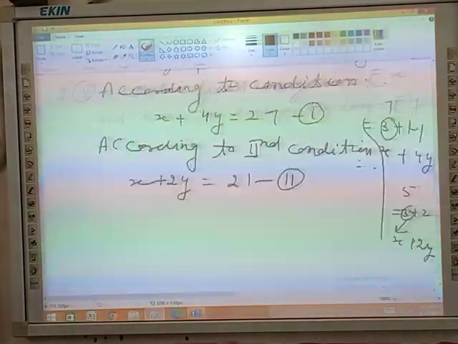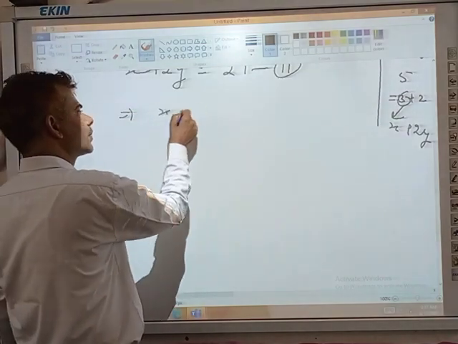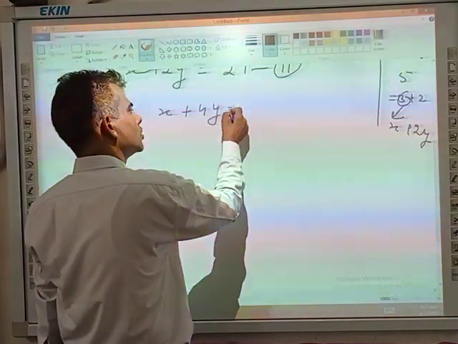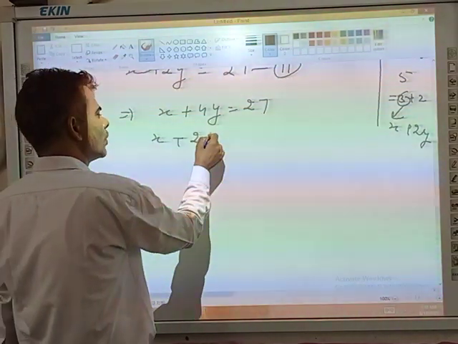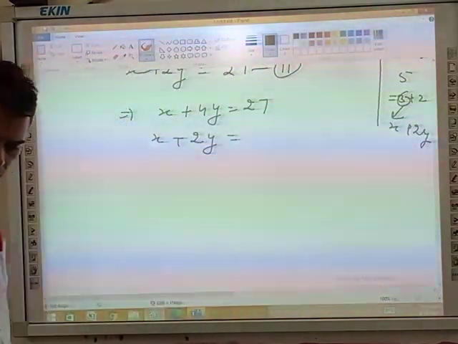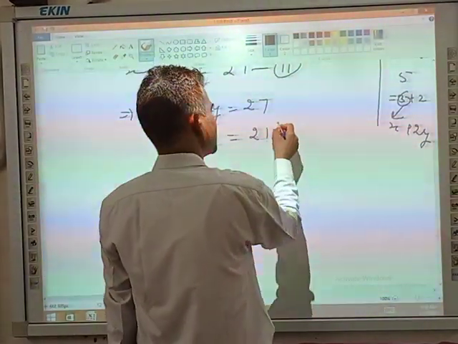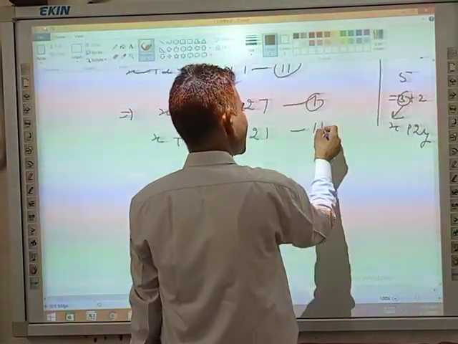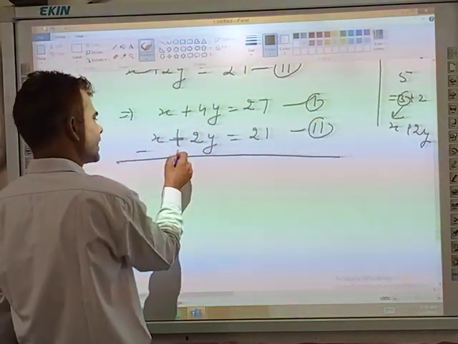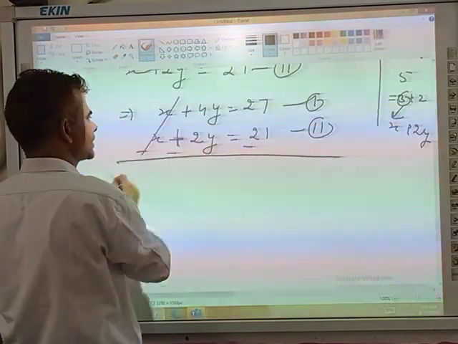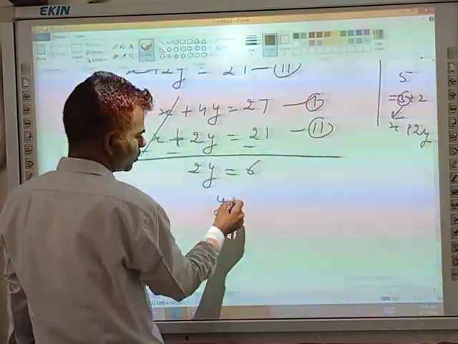Students, your first equation is x plus 4y is equal to 27. The second is x plus 2y is equal to 21. First linear equation, second linear equation, solve them. Subtracting, x cancels out. 2y is 6. y is equal to 3.